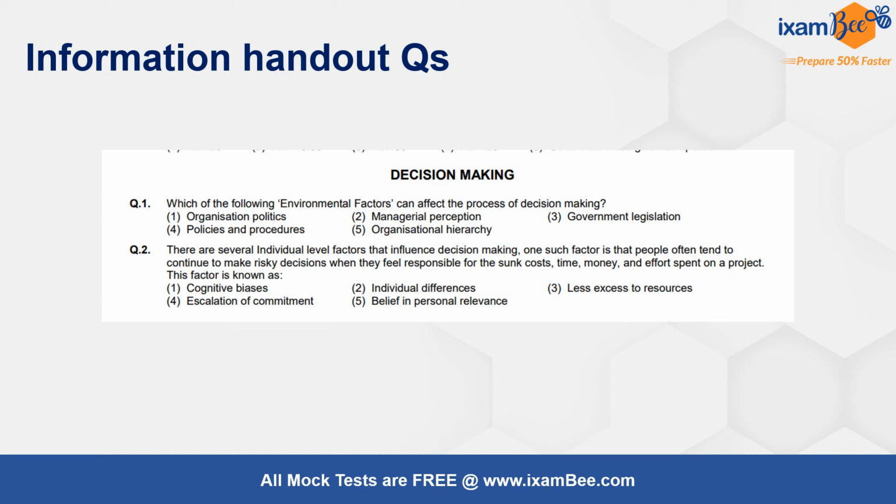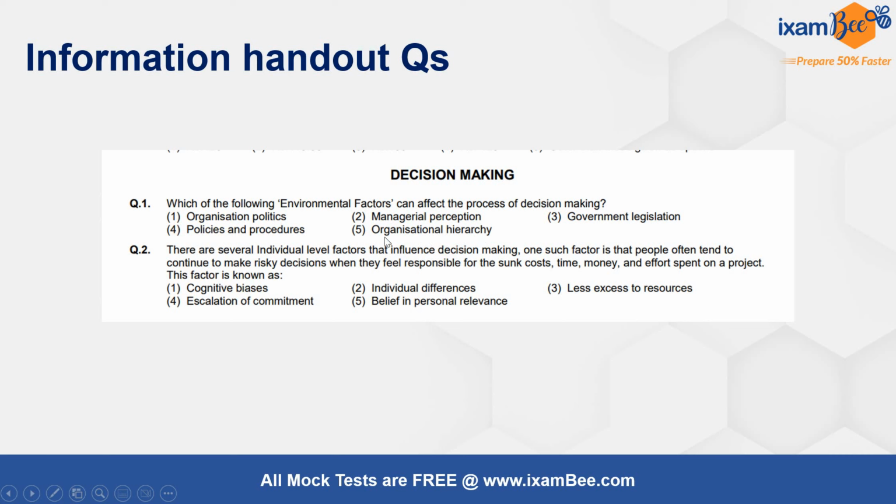Let me also discuss the questions that have been given in the information handout for NABARD. Last week the information handout had come. So they have given 2 sample questions from decision making. The first question relates to the factors that have an impact on decision making, and which of these factors, it was asked, is an environmental factor. The options were organizational politics, managerial perception, government legislation, policies and procedures, and organizational hierarchy.